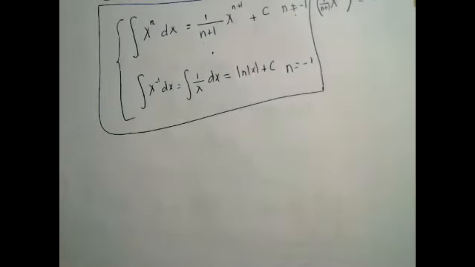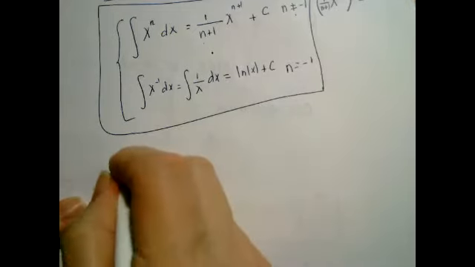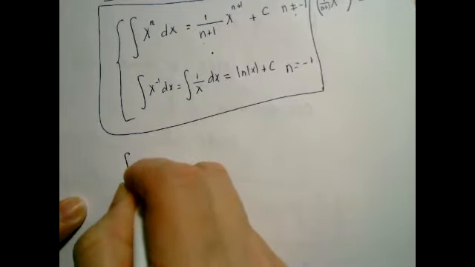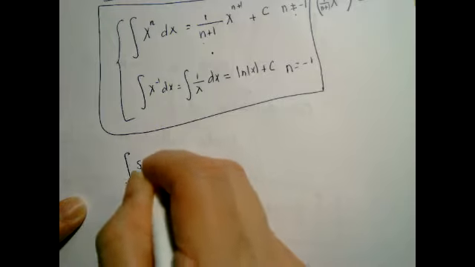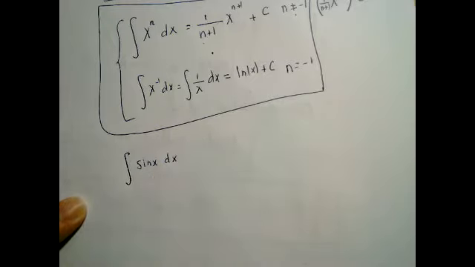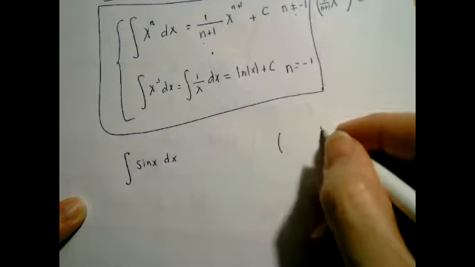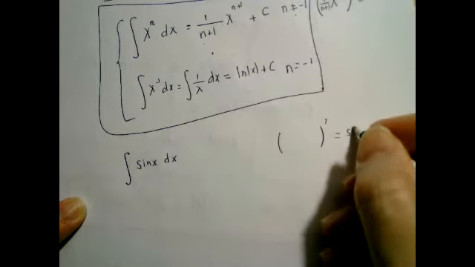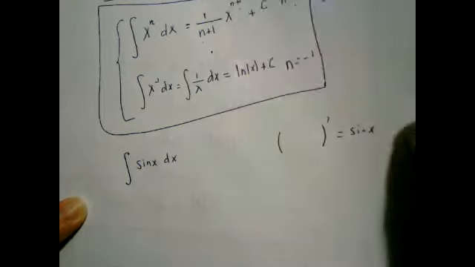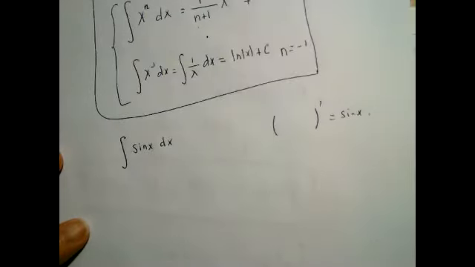Now, there are some other basic antiderivatives that you should know by heart, because they are simple. So I will ask quickly, what's the antiderivative of sine? And very quickly, I want an answer on chat or just speak.